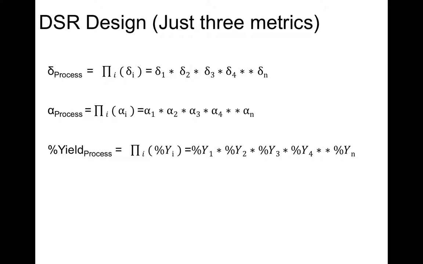And so when designing your entire process, it's pretty easy to estimate what the entire overall process should be able to deliver in terms of percent yield, the alpha, and the delta. So with that, we will move on to the next set of slides to talk about some of the particular unit operations that we'd be using in our downstream processes.